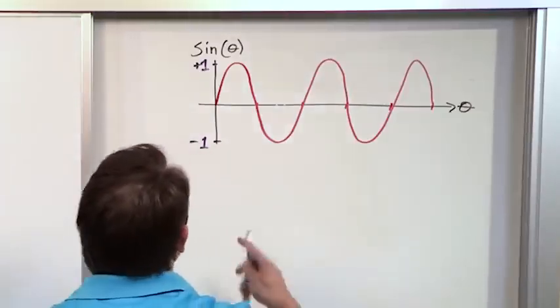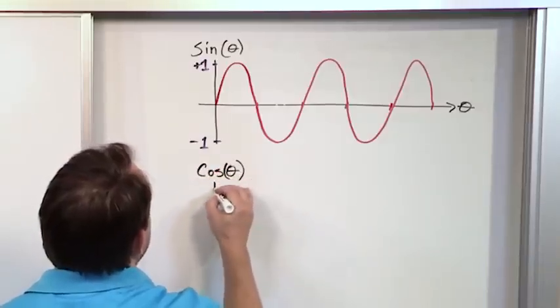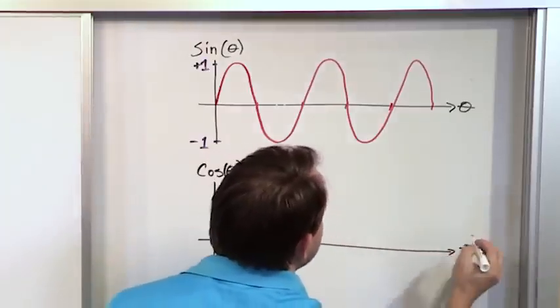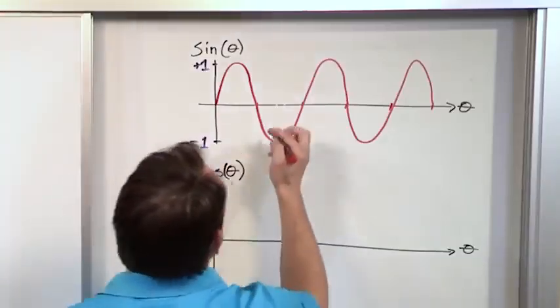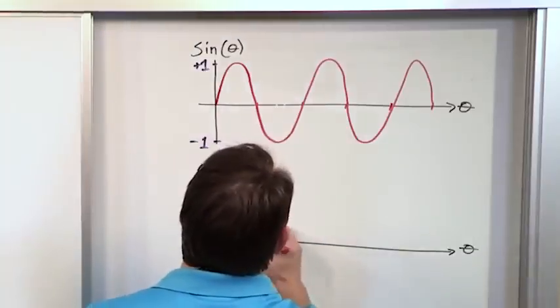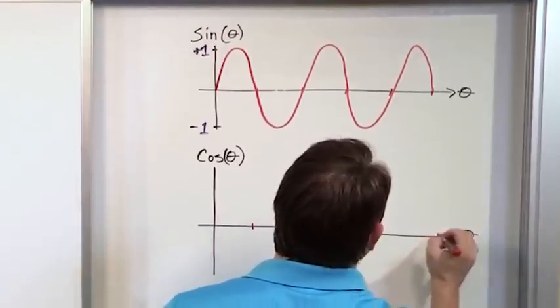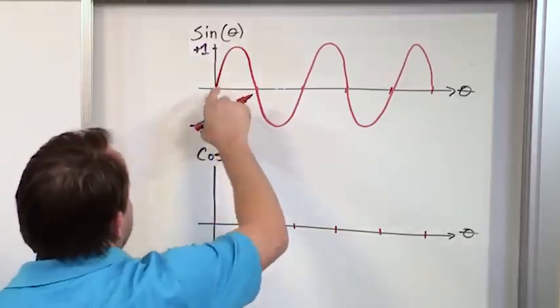Now, if we wanted to compare that with cosine of theta, it would look similar, but there's an important difference. And the reason I want to show you this, even though a lot of you probably already know this, is because it is going to be helpful for you later. So let me put my little marks here as best I can. I'm not trying to be too terribly exact. Cosines do not start at the origin.